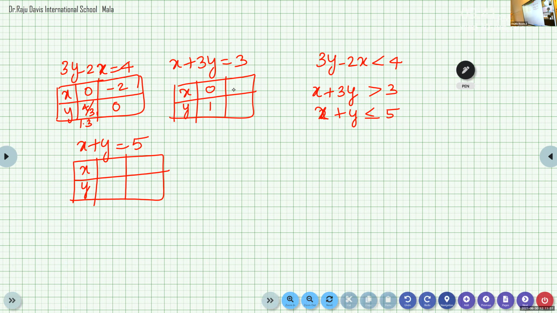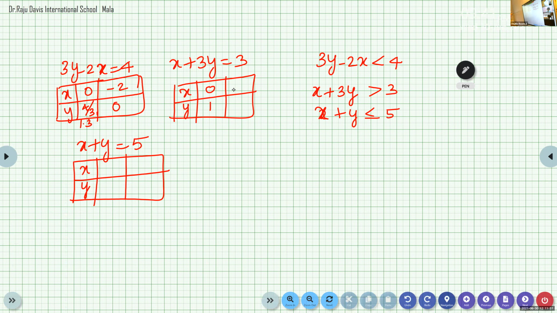Look at the first one. Here it is 0, 1, 2, 3, 4, 5, negative 1, negative 2, negative 3, negative 4, negative 5. Here again 1, 2, 3, 4, 5, negative 1, negative 2, negative 3, negative 4, negative 5.